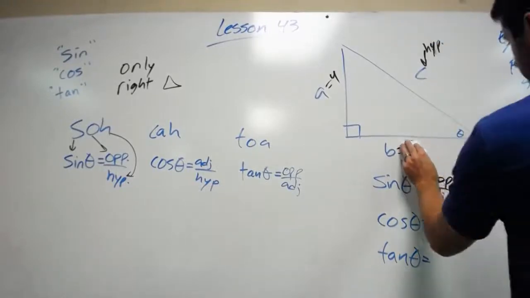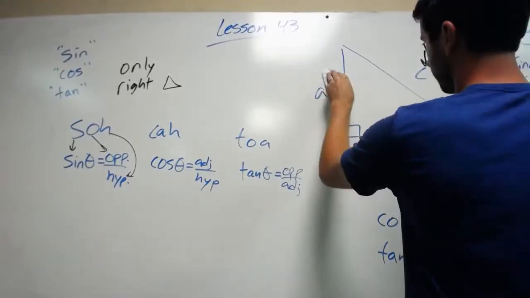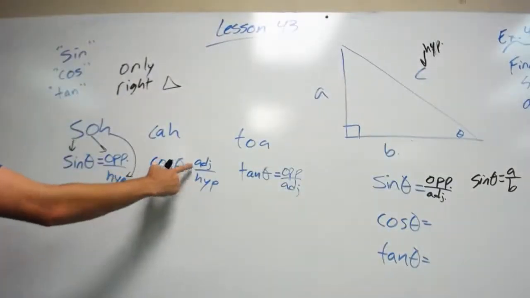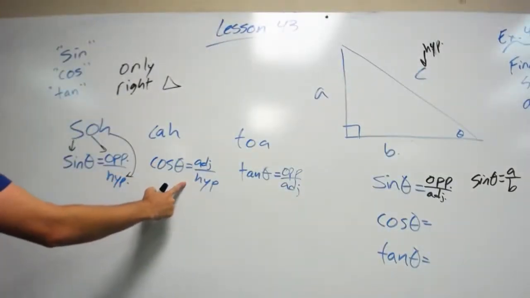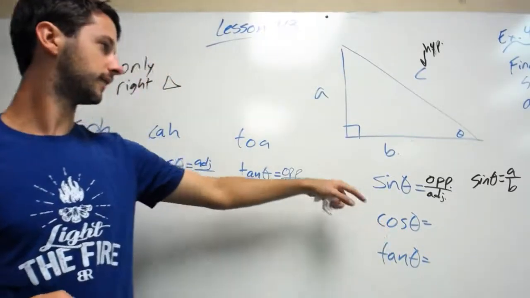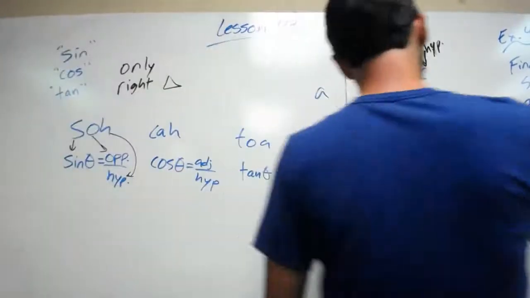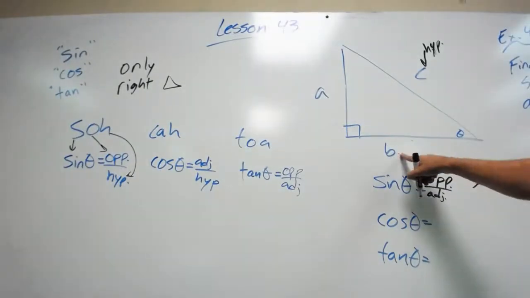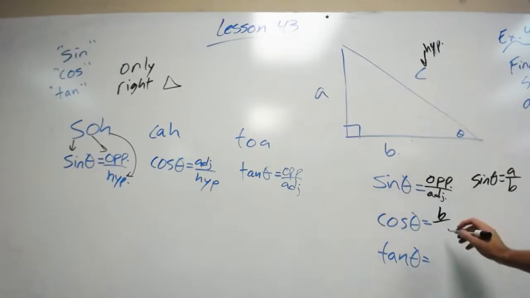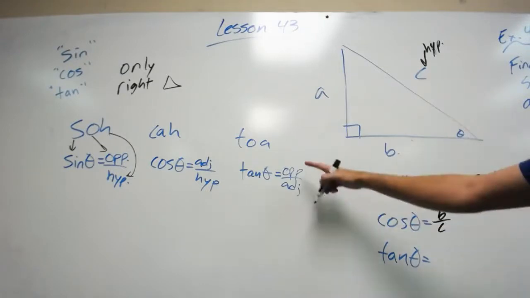Now let's look at cosine. Cosine, or CAH, means adjacent over hypotenuse. So if we're looking at theta, cosine of theta, adjacent would be B, hypotenuse would be C. And then the last one is tangent, TOA.